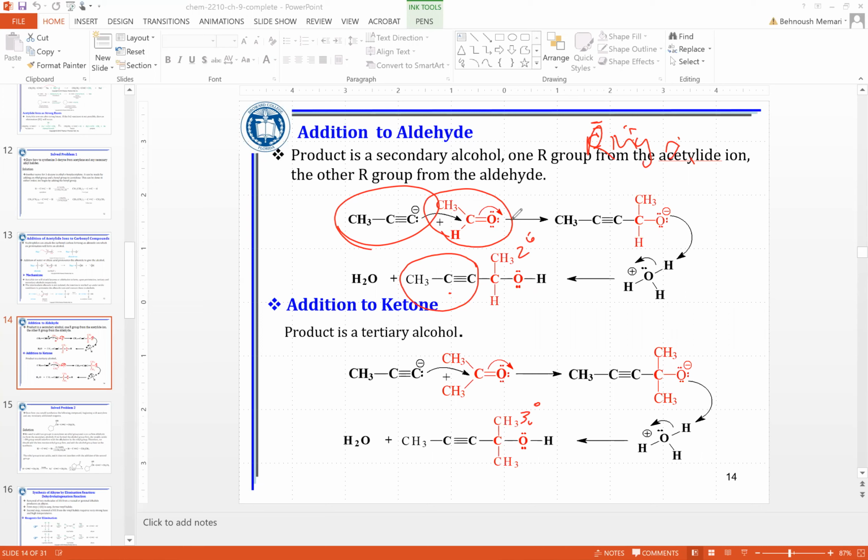If you have formaldehyde, you get primary alcohol; the aldehyde in general is going to give you secondary alcohol, but how many carbons you add to this nucleophile depends on which aldehyde you choose. If it's acetaldehyde, you would add 2 carbons, but if it is propanal, you would add 3 carbons. Regardless of the number of carbons on the aldehyde, you end up with a secondary alcohol. When you add to ketone, you get tertiary alcohol.